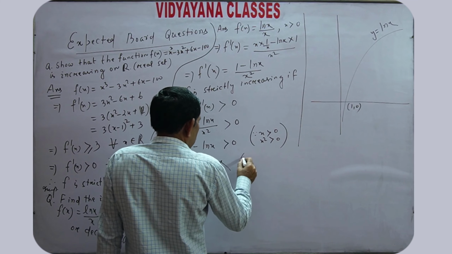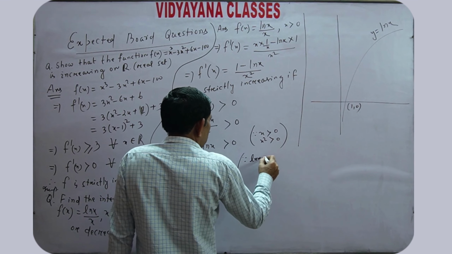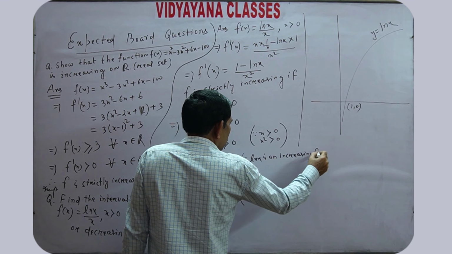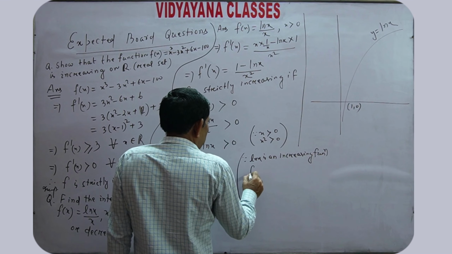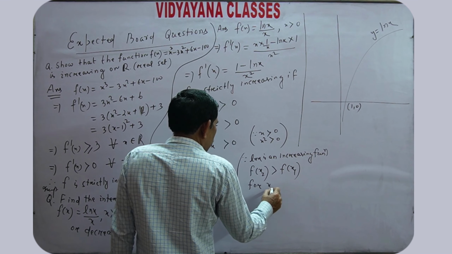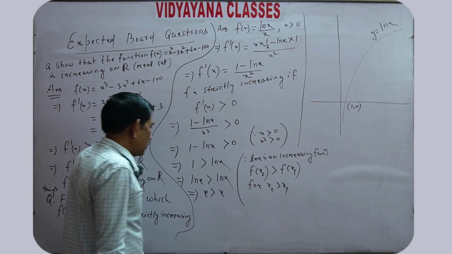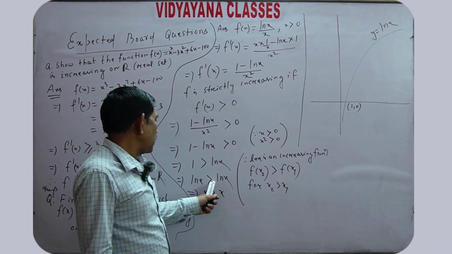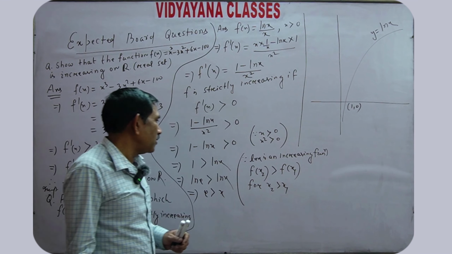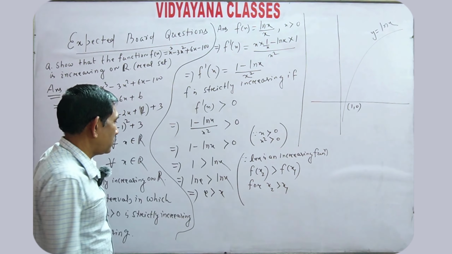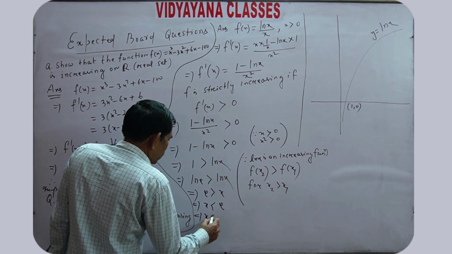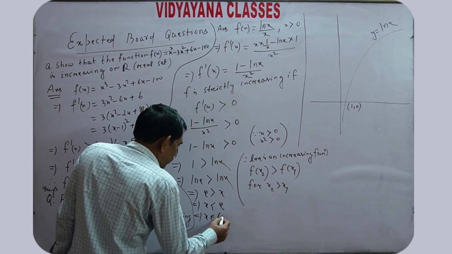Since ln x is an increasing function, f(x2) > f(x1) for x2 > x1. So ln e > ln x implies e > x, which implies x < e, which implies x belongs to the open interval (0, e).